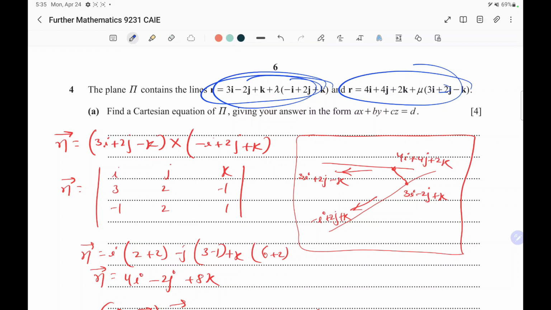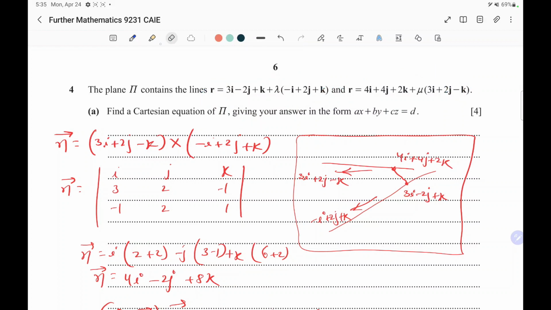For this line, this is 1 point, 3i minus 2j plus k, which you can check here, and this is 3i plus 2j minus k. 1 point is here, and the parallel vector is this, the direction vector is this.